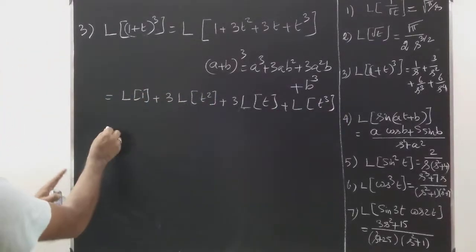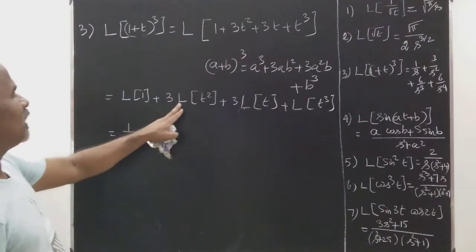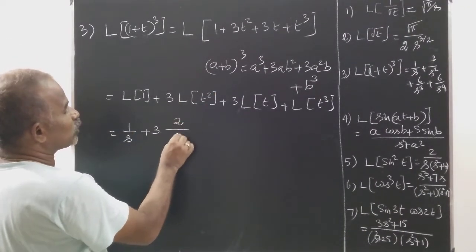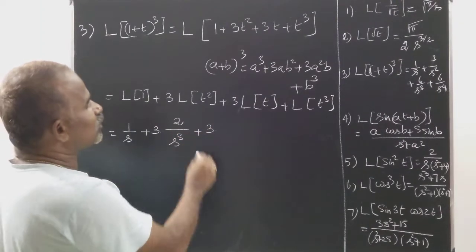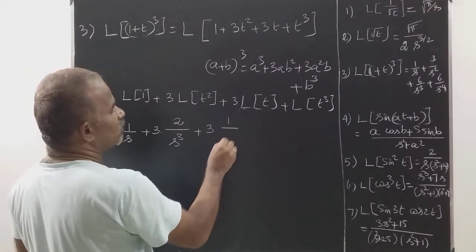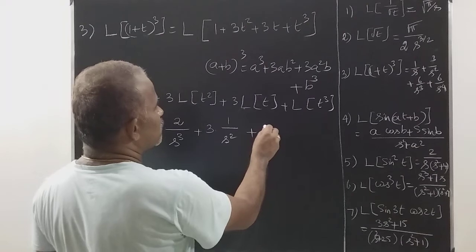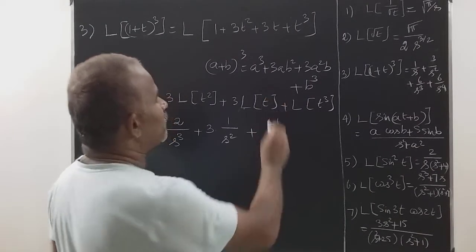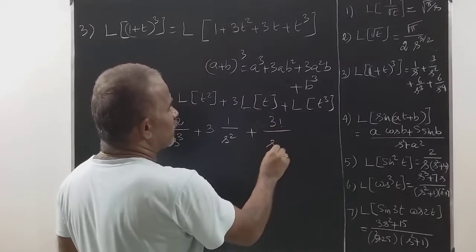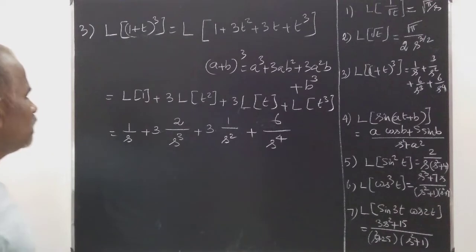We know that we have the result. This is equal to 1 by s plus 3 times L of t square, which is 2 factorial divided by s cube, plus 3 into L of t, which is 1 by s squared. All the results we already have. Then L of t cube is 3 factorial divided by s power 4. 3 factorial is nothing but 6.